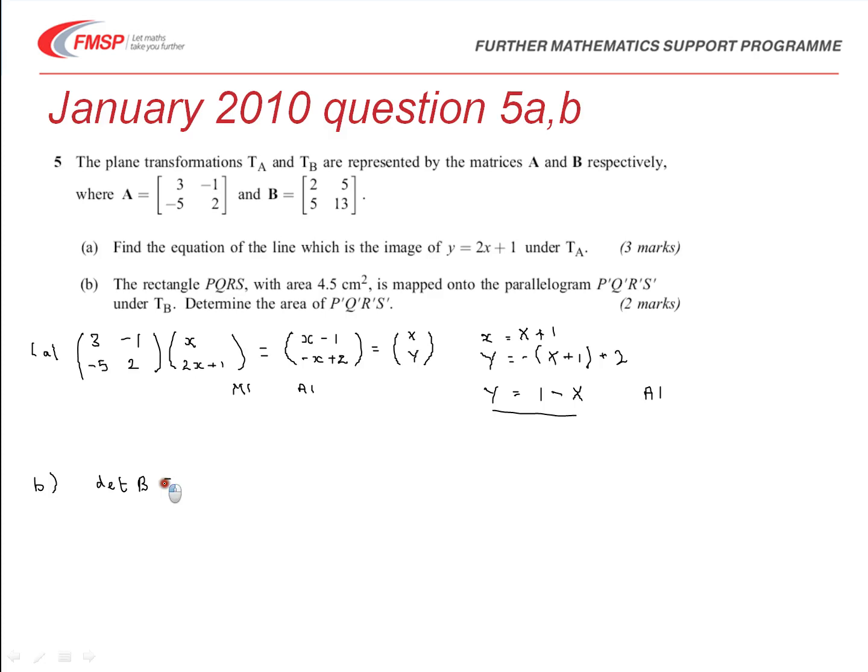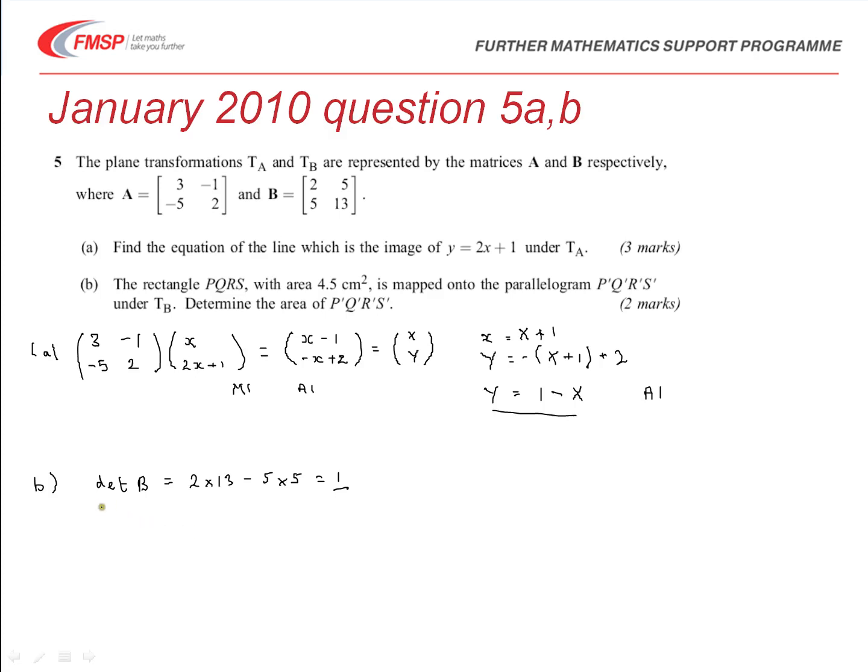So the determinant of B is going to be 2 times 13 minus 5 times 5. So that's 26 minus 25, which is equal to 1. So that is telling us that the area scale factor is 1, which means that the area is not being changed.